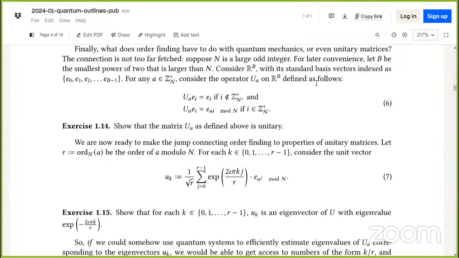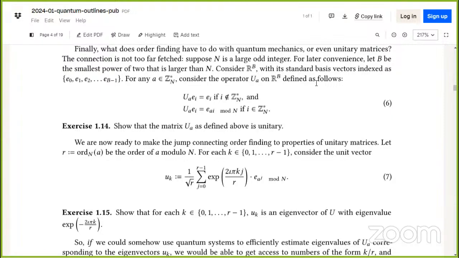And here was the idea: you look at this unitary. What is this unitary? It's only described classically. So instead of the basis vector, just think of it as the ket of i. On the ket of i, it acts as identity if i is not co-prime to N. If it is co-prime to N, it multiplies it by A. This is unitary because A is co-prime to N. That's the important thing.